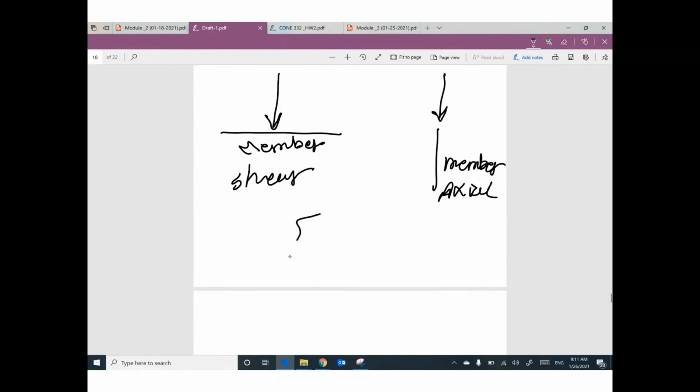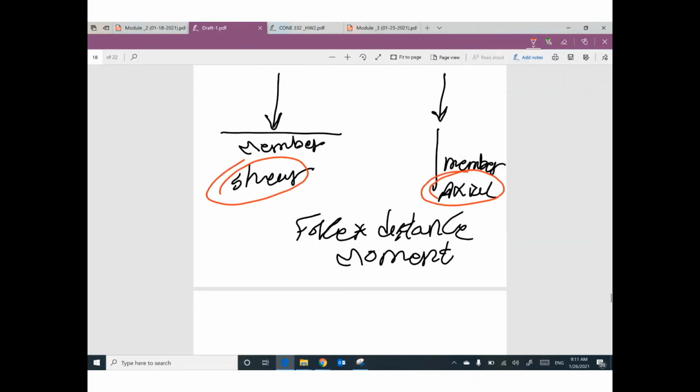If the force has a distance, we have moment. That's it. Keep in your mind, we have three internal forces: axial force, shear force, and bending moment. How can I figure out which one is causing axial, which one is causing shear, which one is causing moment? You have the cases.